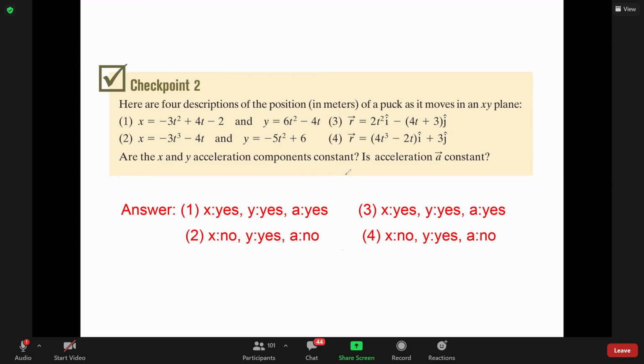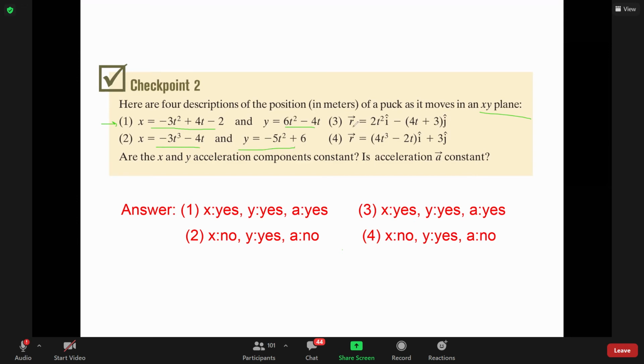Here are 4 descriptions of the position in meters of a puck as it moves in the XY plane. XY plane means it only has 2 dimensions. In the first motion, he gave you the position along X and the position along Y. In the second motion, he gave you the position along X, the position along Y, and so on.